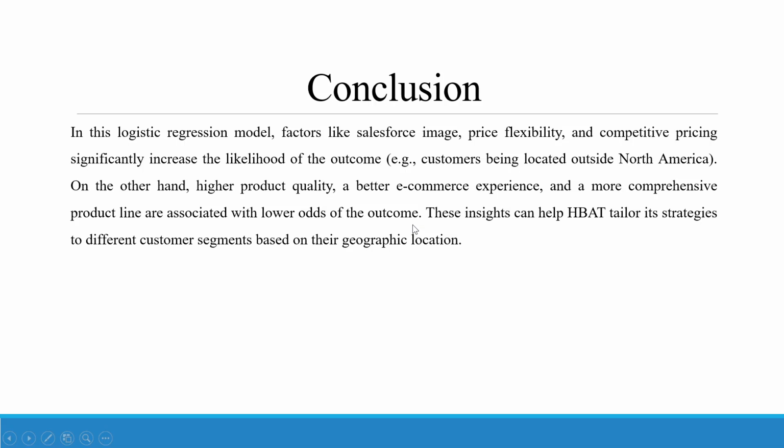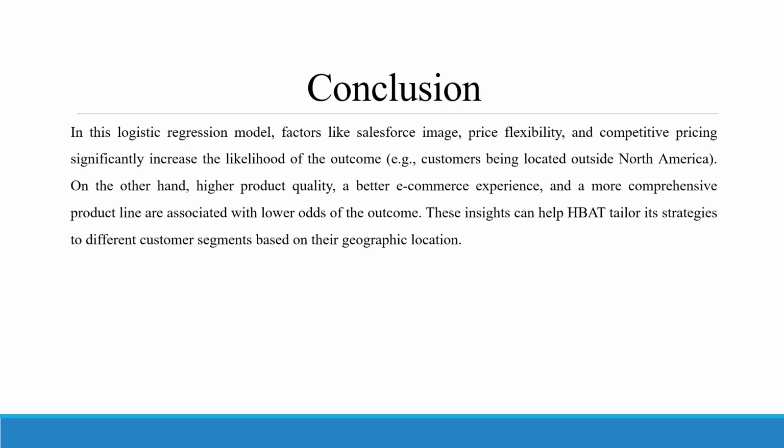So lower odds means the odds of the customer being located outside North America are less, so the customer is inside North America. These insights can help HBAT tailor its strategies to different customer segments based on their geographical location.